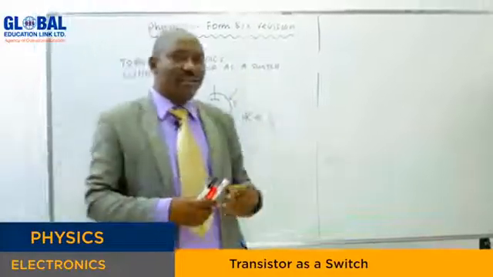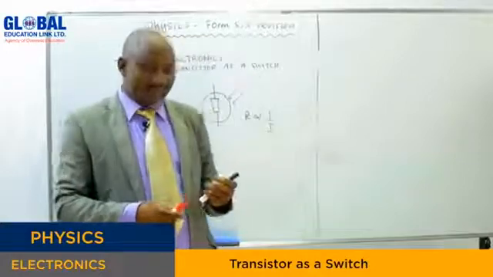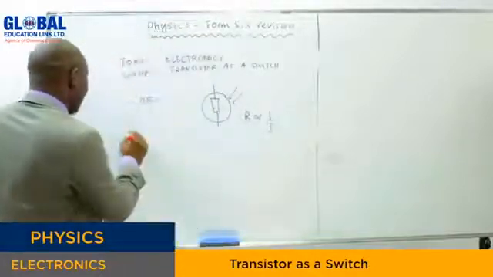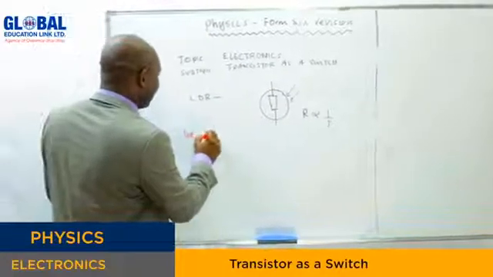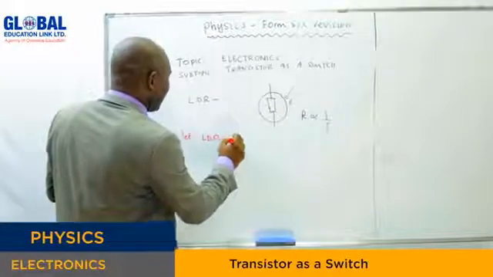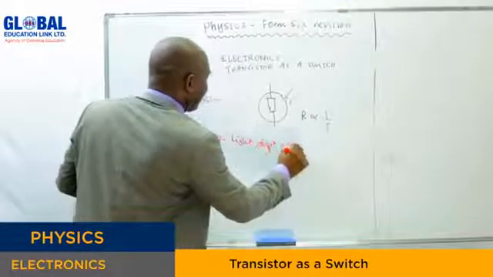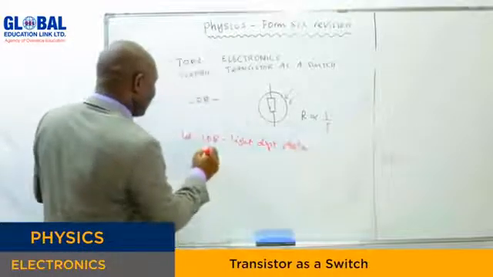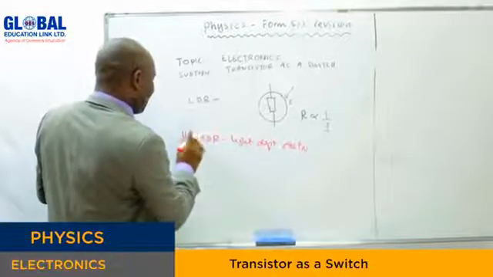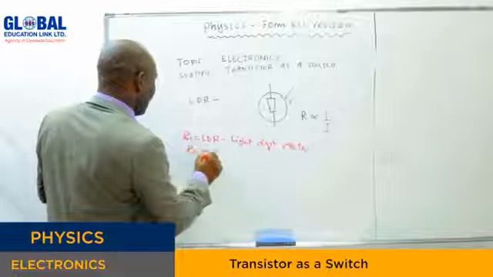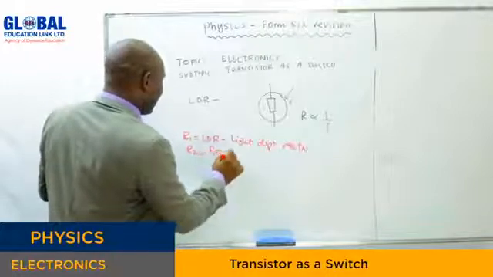I remember I told you before that we normally use the common emitter transistor. So step number 1, let this R be the light-dependent resistor. And then we're supposed to have another, let's use R1, and then R2, a fixed resistor.